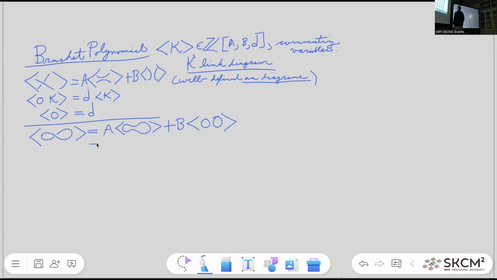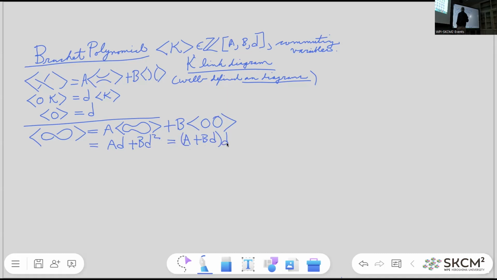And that is equal to AD plus BD squared, which I prefer to write as A plus BD multiplied by D.